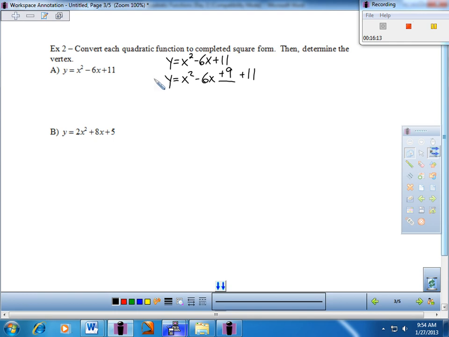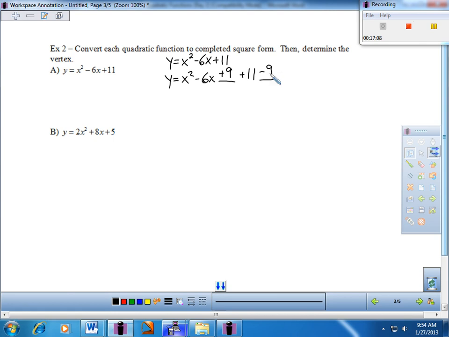So the question is, do I have an alternative approach? Rather than adding 9 to the other side and messing with this y right here, is there another thing that I can do to keep it balanced? And the answer is yes. So instead of adding 9 to the other side, I can treat it in my mind to bring that 9 over and put it on the back as a minus 9.